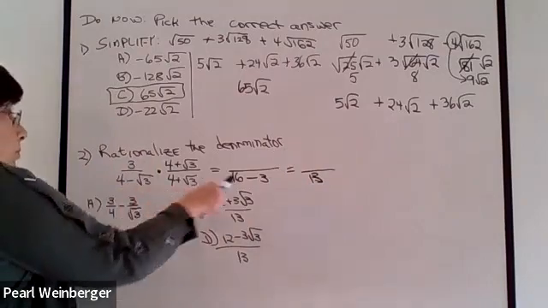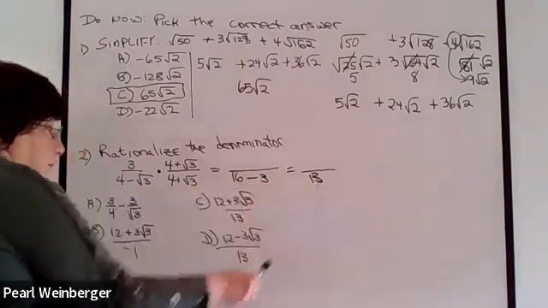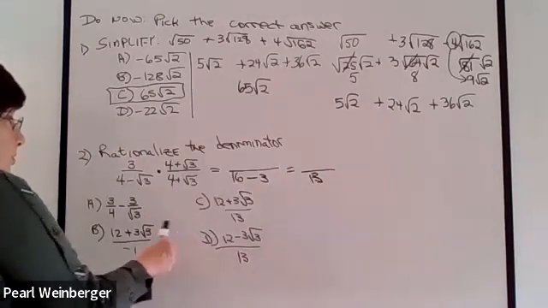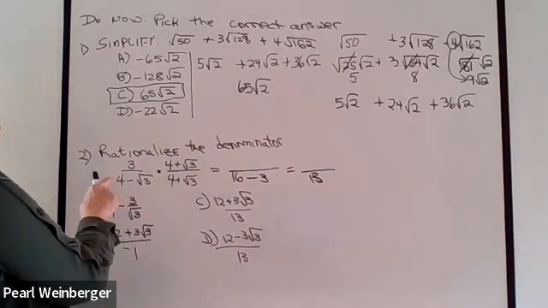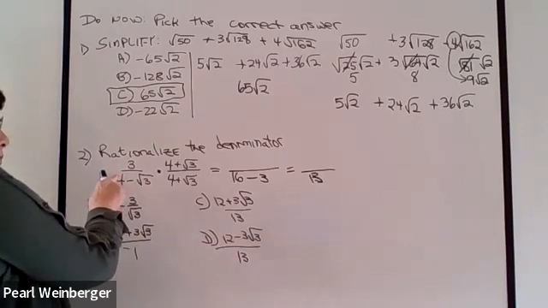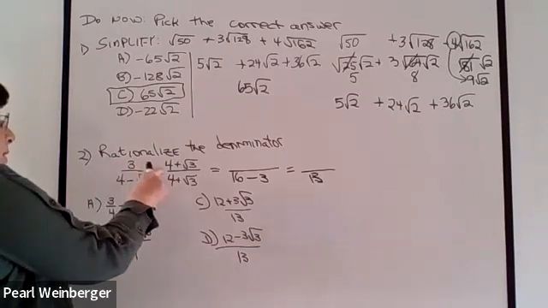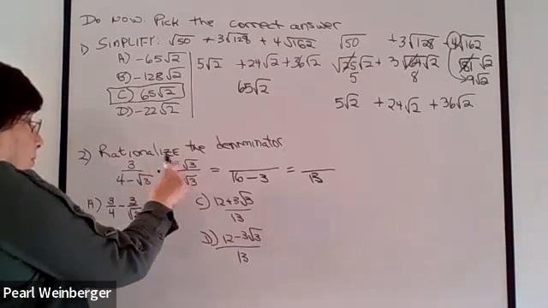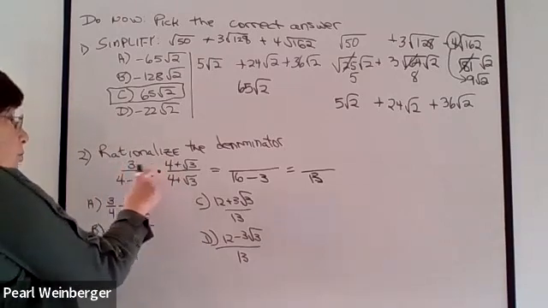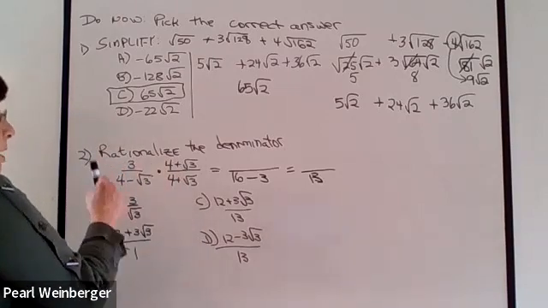Well, we've taken care of the denominator. The denominator is going to be 13, so obviously it's going to be either choice C or choice D. So let's see what happens when we multiply the numerators. This is 3 times 4 plus radical 3. I'm multiplying a single term, 3, by a binomial.